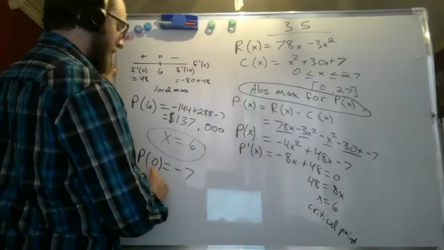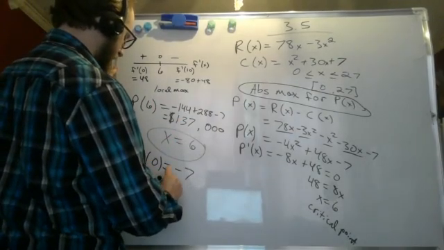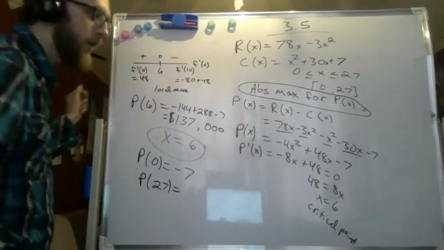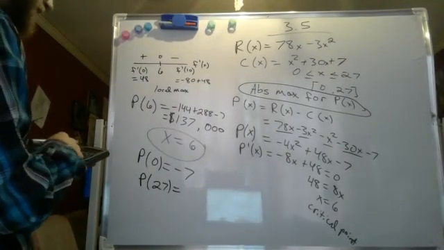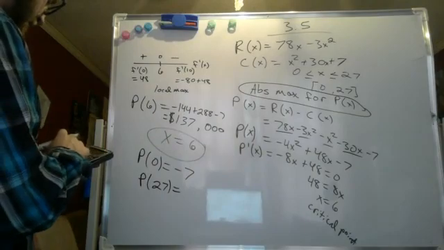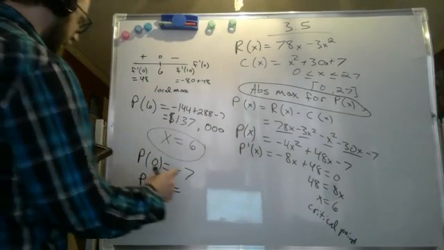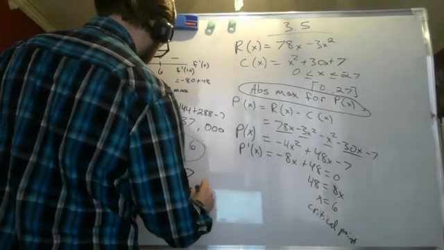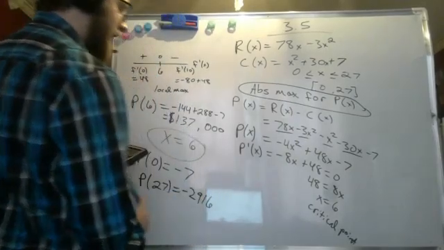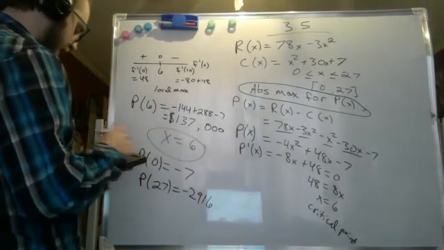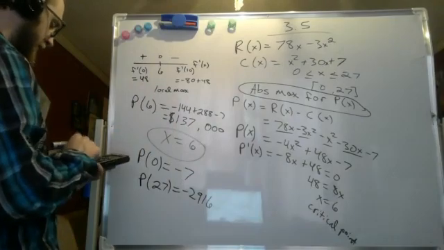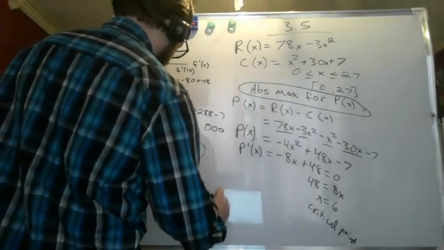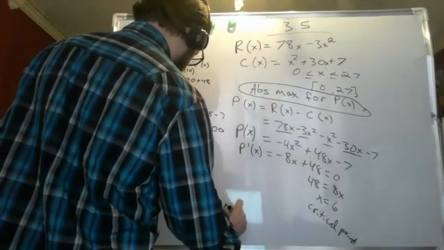And if I have a production of 27, then what happens? Well, 27 squared is 729 times negative 4 is negative 2,916. And then we want to add 48 times 27. That's plus 1296.